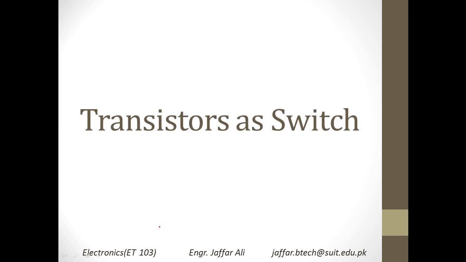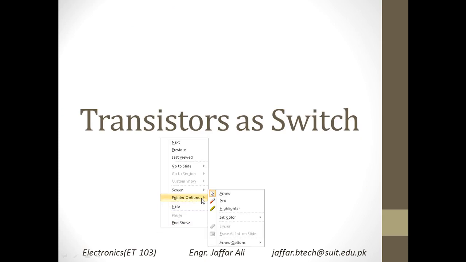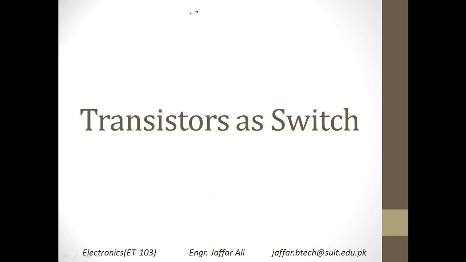I have told you that a transistor is basically a control device that you can use for control purposes. I already told you what control means in electrical terminology. Control means two things, and remember that. We will discuss this further inshallah in higher semesters as well.